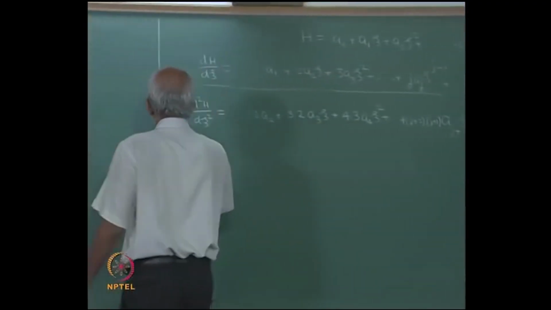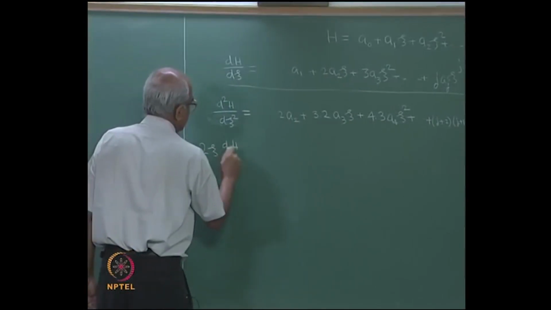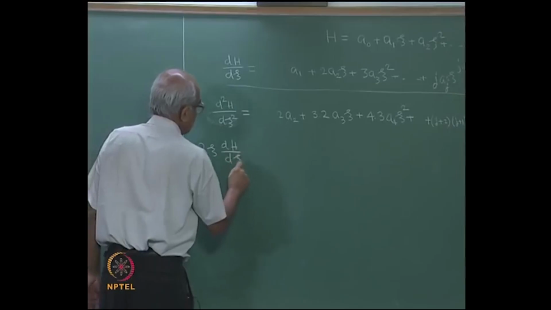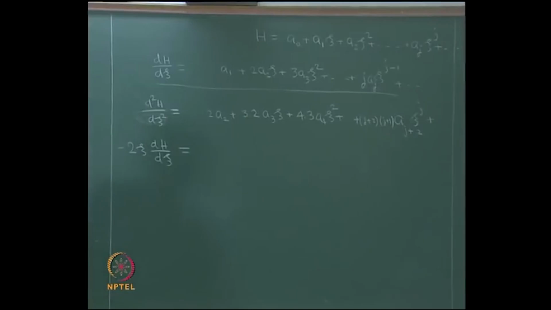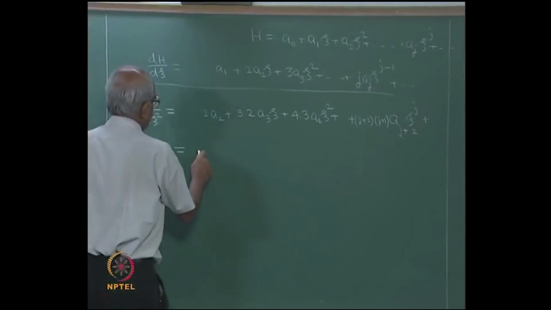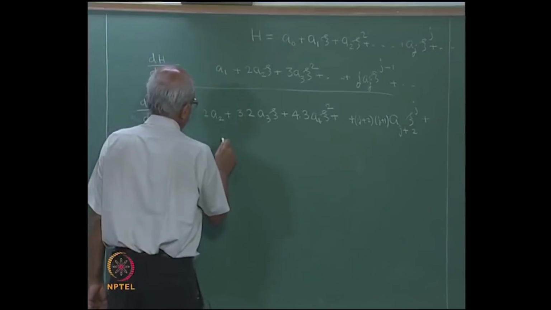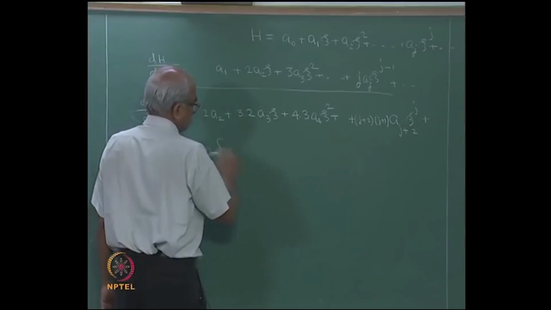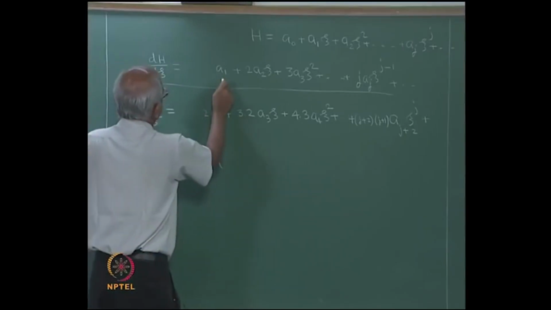So, minus 2 c times dh upon dx would be equal to, what would be the expression? Well, you will have minus 2, I am not going to take the minus 2 inside. So, I will put a bracket, but the c, see, this is my expression for dh by dx.